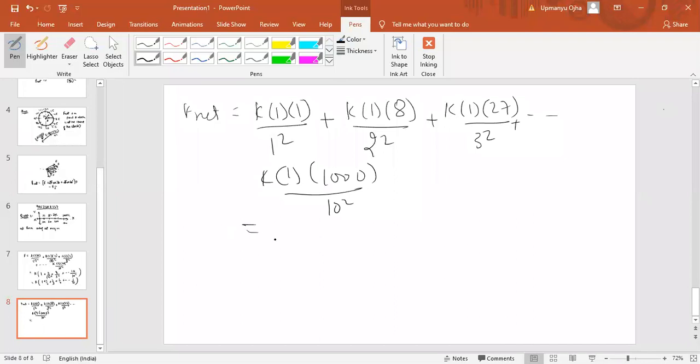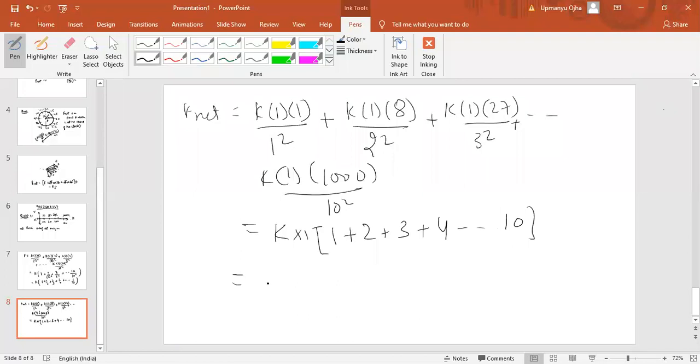Now, can we take k into 1 as common? If we take k into 1 as common, we get 1 plus 8 by 4 is 2, then 27 by 9 is 3. Similarly, 64 by 16 comes as 4. Like this it will go, and it will add up to 10.